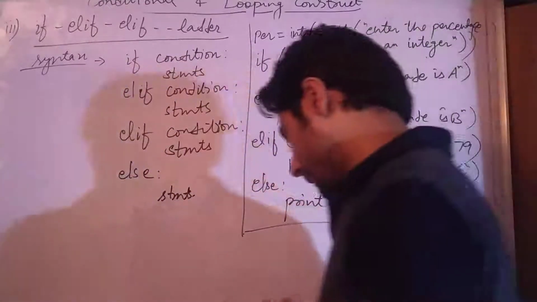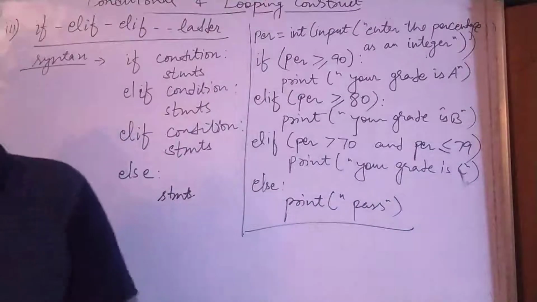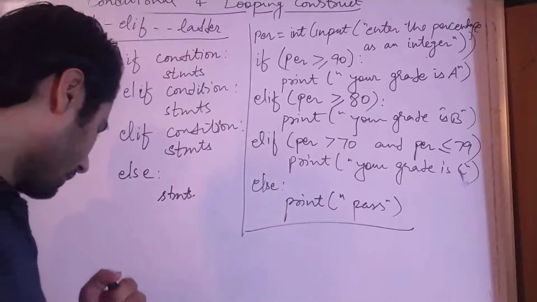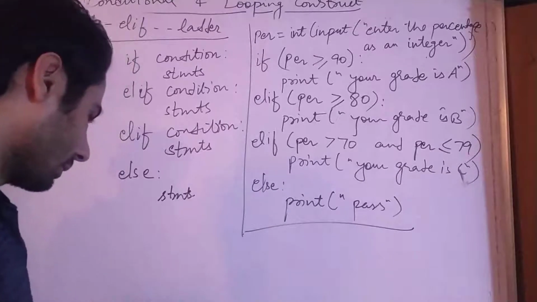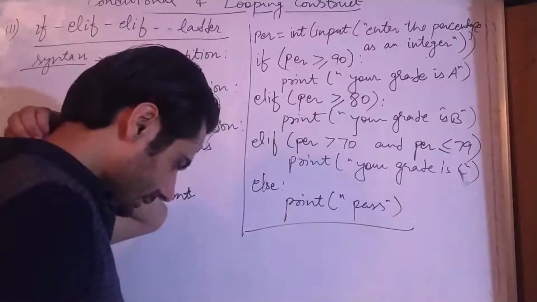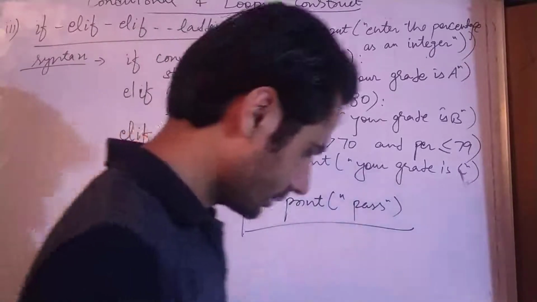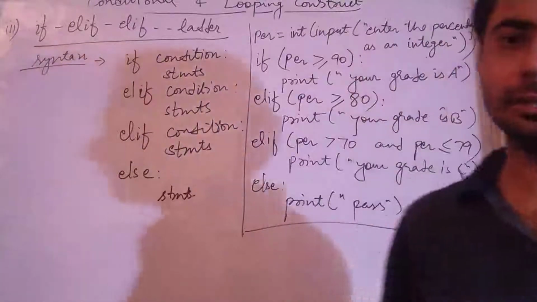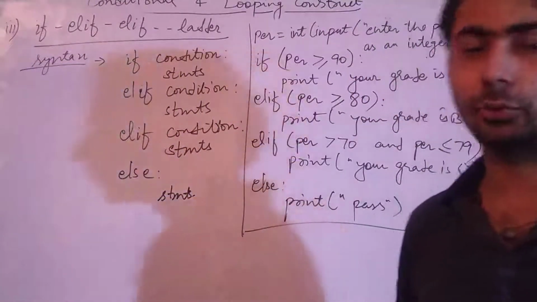Okay, if you got this, I have a program. So check. The program is to find out again the greatest number between the three numbers.